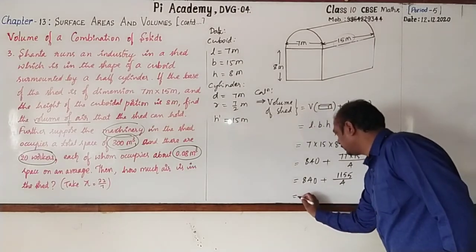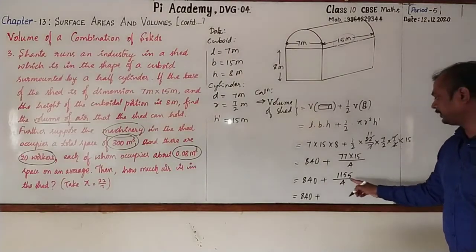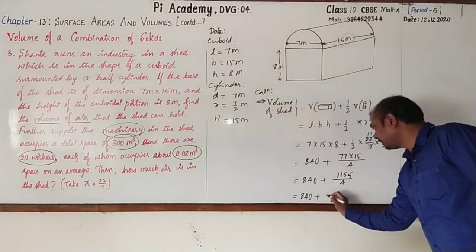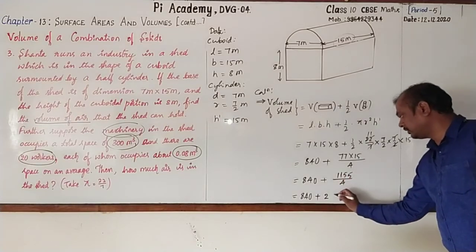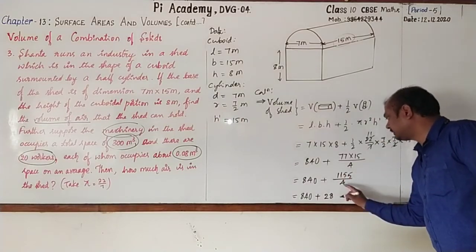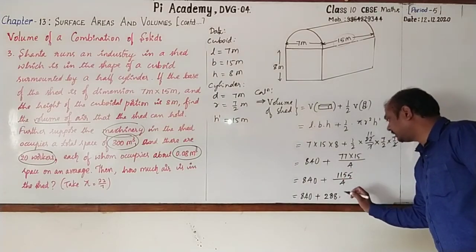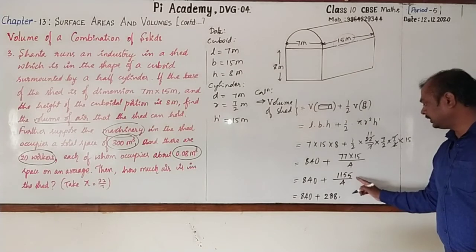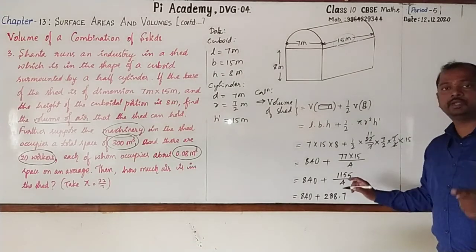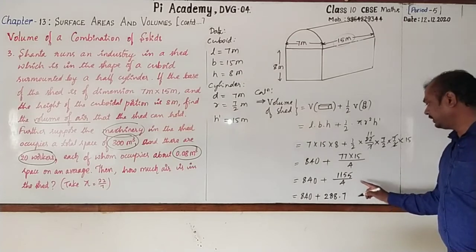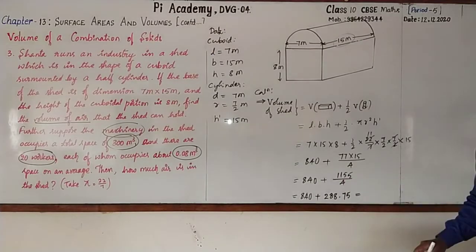This is equal to 840 plus 1155 by 4. 4 8s are 32, 3 will remain, 35. 4 8s are 32, 3 will remain, put decimal, it becomes 30. 4 7s are 28, 2 will remain, 24. 5s are. It's equal to, just go for adding them.